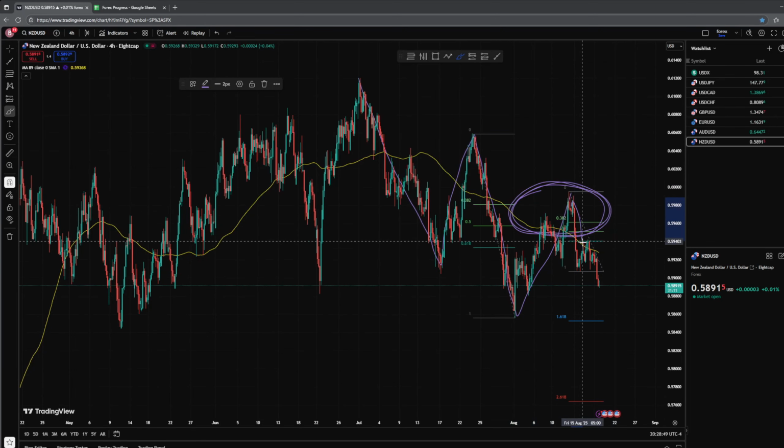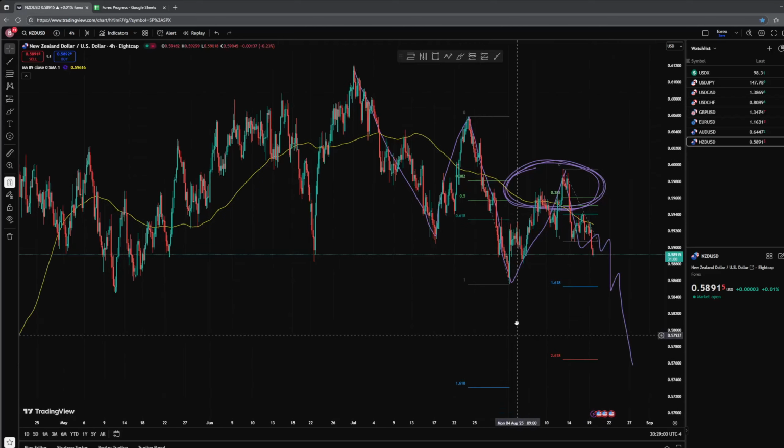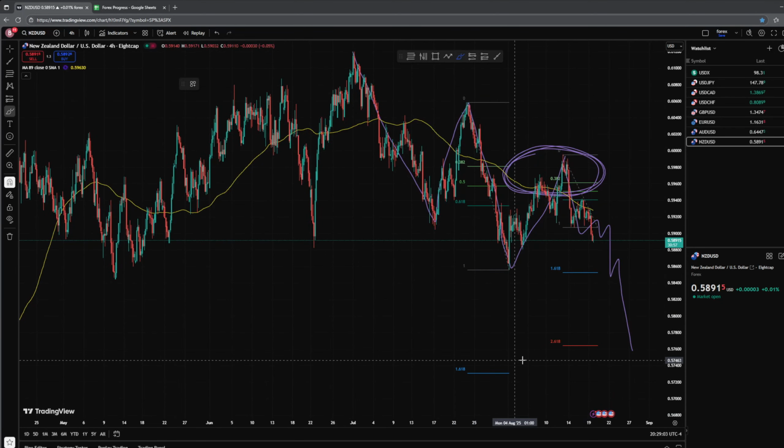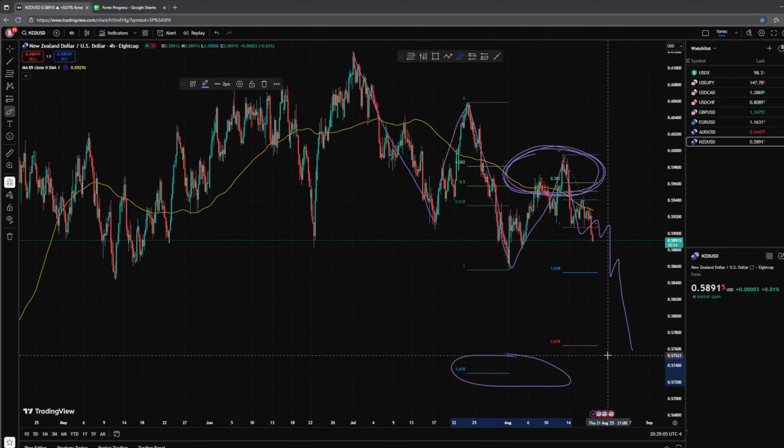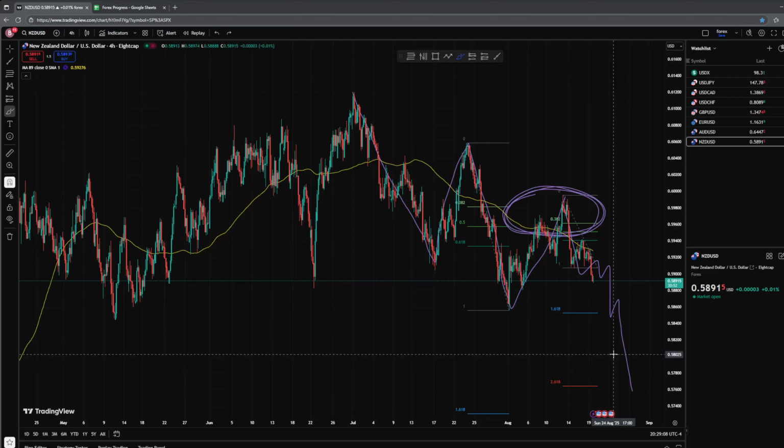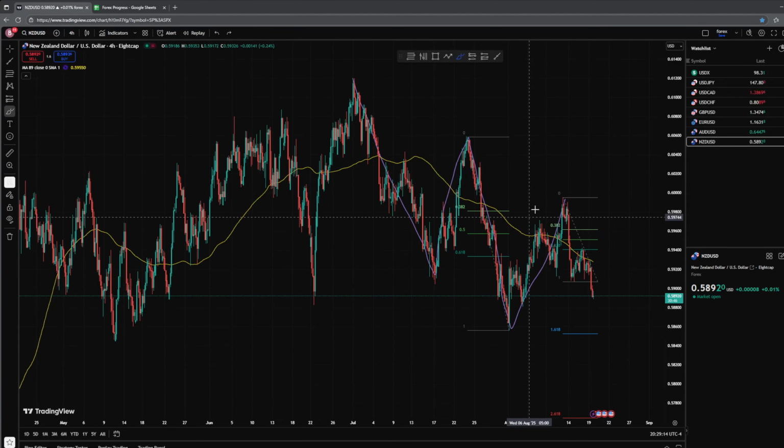Since then, the market is returning into the original trend, and soon it should reach Fibonacci extension 1.618 down here. So right now it's too late to sell New Zealand dollar USD because the market is not in a good zone. If somehow the market retraces once more into the 50 to 60% zone here, then it would be a good opportunity to sell. Until that, we're gonna wait.